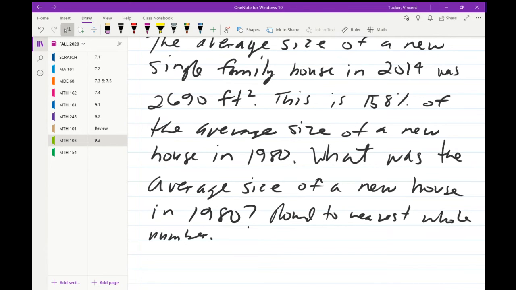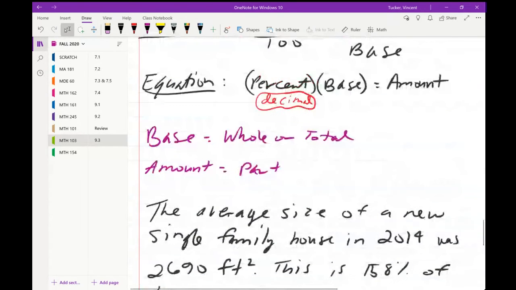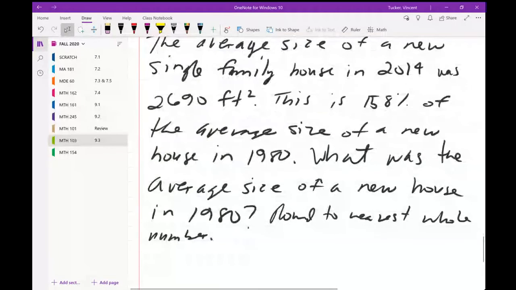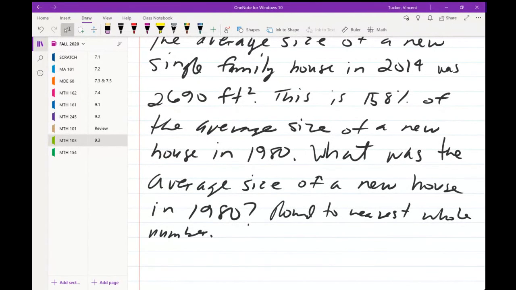It says round to the nearest whole number. So going back to our setups, where you use the proportion or the equation, it doesn't matter which one you use. Either way, you'll get the same answer as long as you do it correctly.